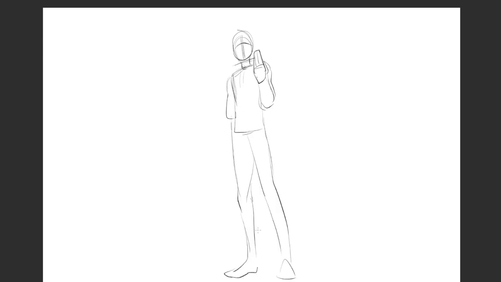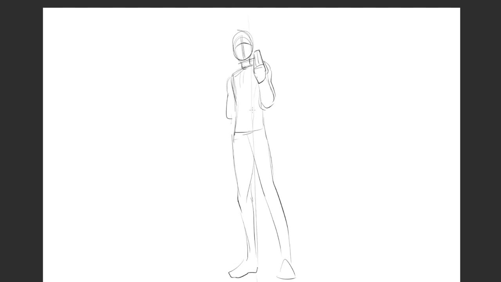For example, in this case, the character posing is, I guess, a master martial artist. So maybe he's posing confidently like this, or kind of like this. Even standing still is a pose.